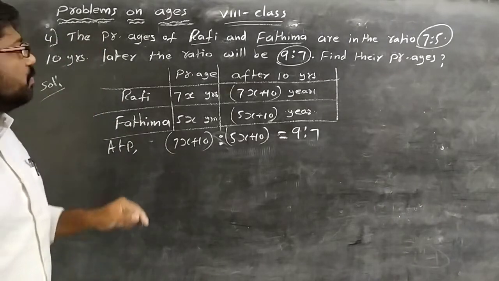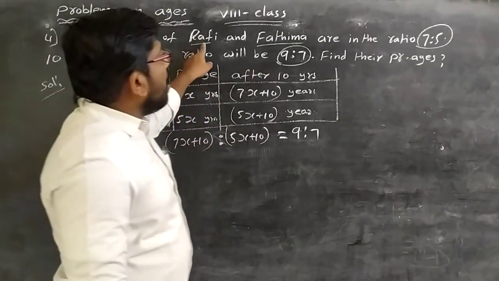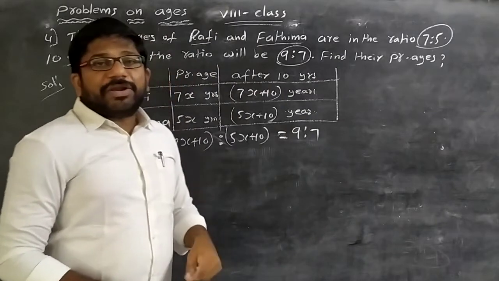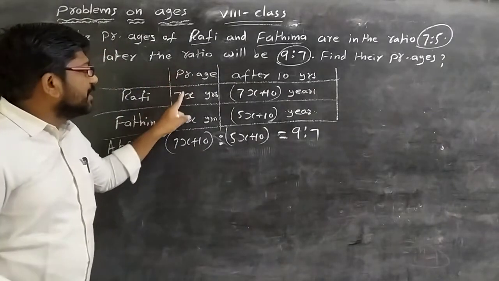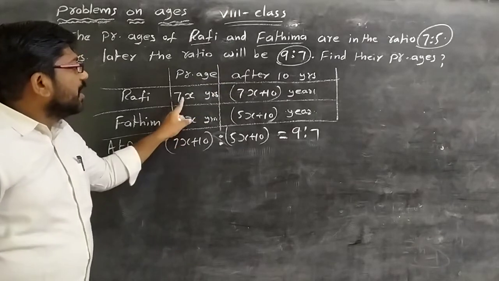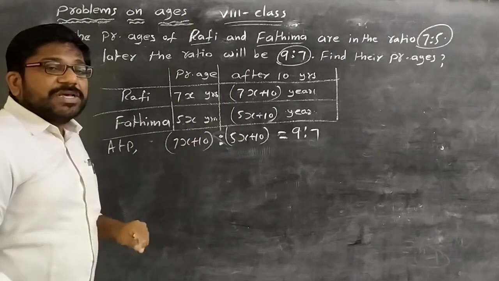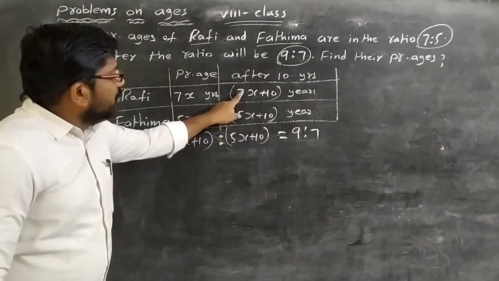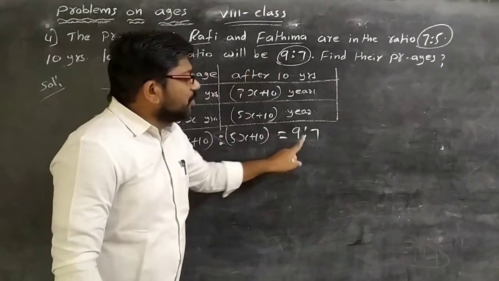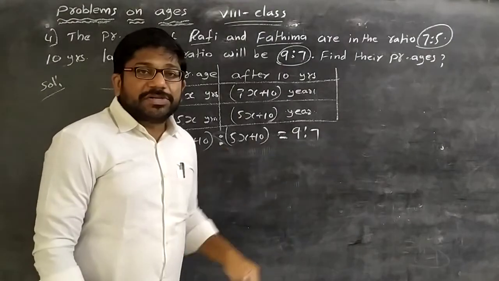They gave that the present ages of Rafi and Fatima are in the ratio 7:5, so the present ages are 7x and 5x. After 10 years, it will be 7x plus 10 and 5x plus 10. After 10 years, this ratio will be 9:7.